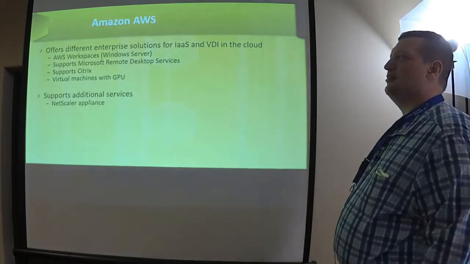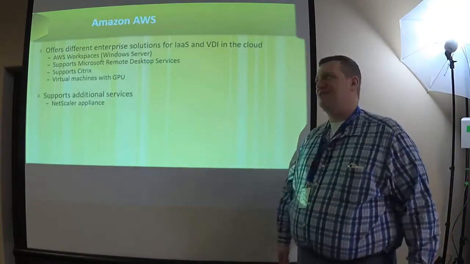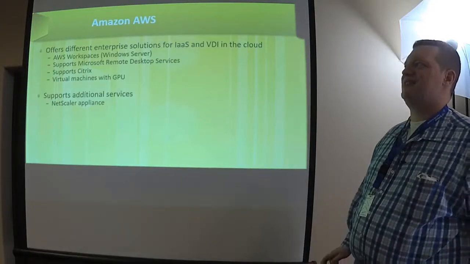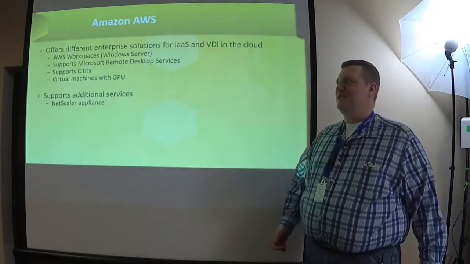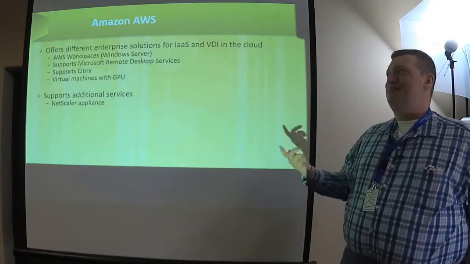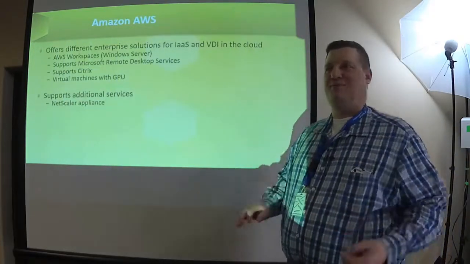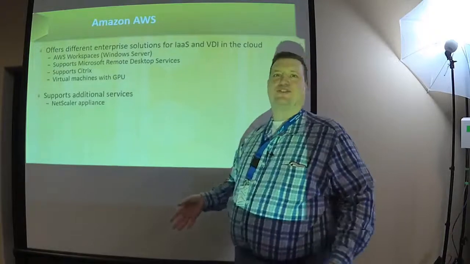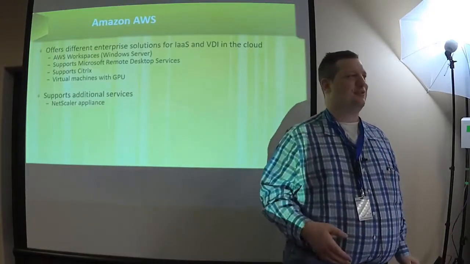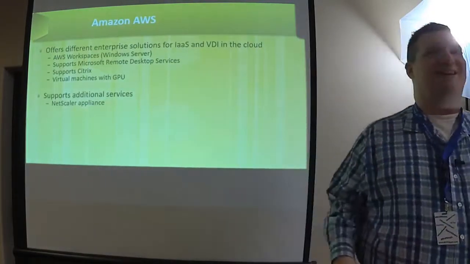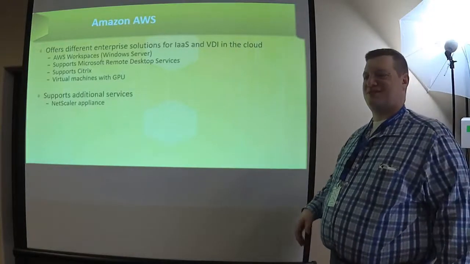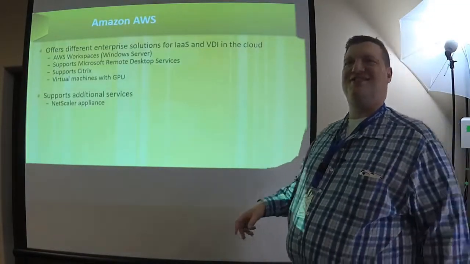Now, AWS is kind of interesting because it has different flavors of stuff. Every cloud is always a little bit different. AWS kind of started with their own workspaces, which is kind of weird because it's actually Windows Server running in single user mode. And you might be wondering why they did this, and this was to get around some of the Microsoft VDI licensing.